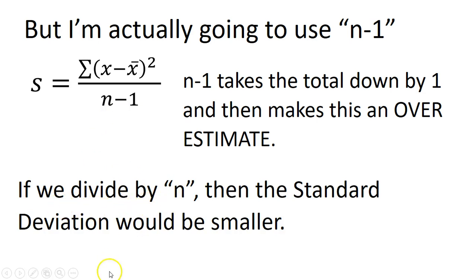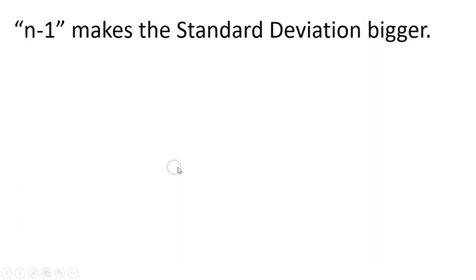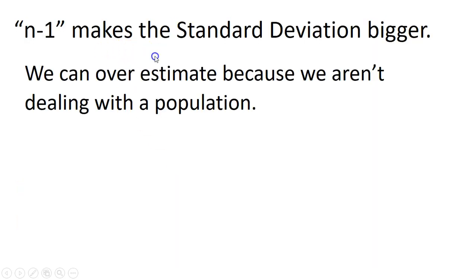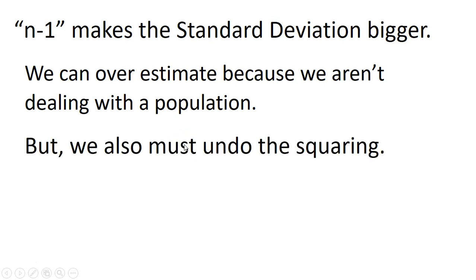If we divide by n, then the standard deviation would be smaller, right? So what we're doing is trying to make the standard deviation as large as possible. N minus 1 makes the standard deviation bigger, and we can overestimate because we aren't dealing with the population. We're not dealing with the population, so it's best that we overestimate.